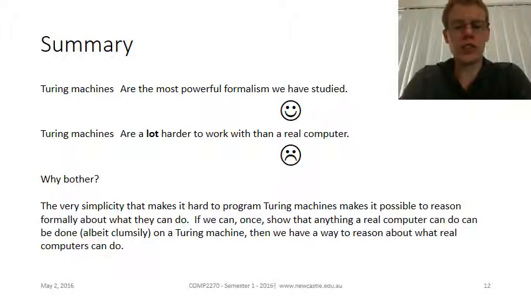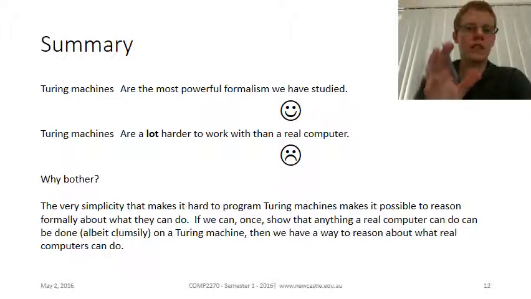So if we can show that Turing machines are equivalent to any other computing device that we have, and if we can formally show that Turing machines can't do some things, then we'll know that real computers can't do those things either. And that's essentially the point of our theory of computation: to reason about what we can do with computing devices.